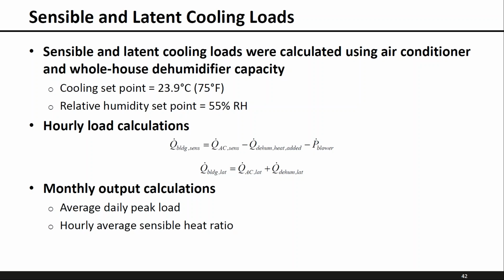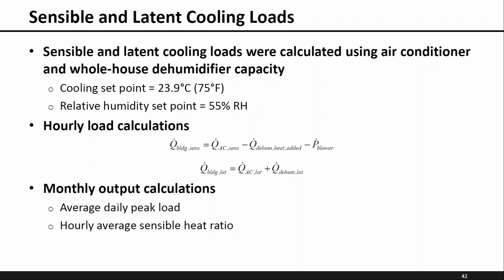There are really two approaches to getting at the sensible and latent cooling load. One could sum up all the sensible and latent sources entering the building, such as through the walls, windows, infiltration, internal gains, ducts, etc. Or we could look at the capacity of the equipment on an hourly basis. And so we chose the latter for simplicity.